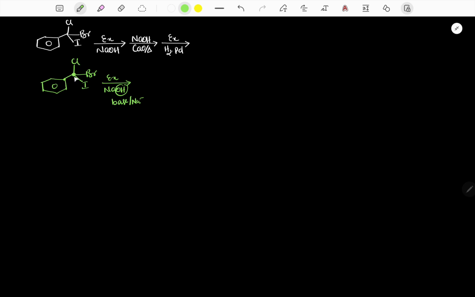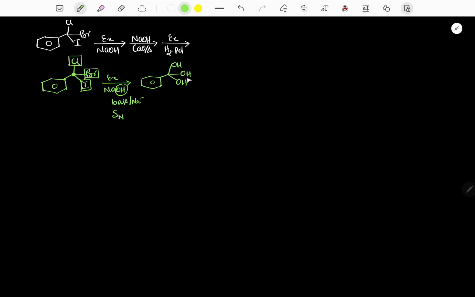With respect to the leaving group, it is the alpha carbon, it is the beta carbon, so no elimination. So there is only one possibility, nucleophilic substitution. Nucleophilic substitution takes place repeatedly, and finally we get the corresponding product like this.